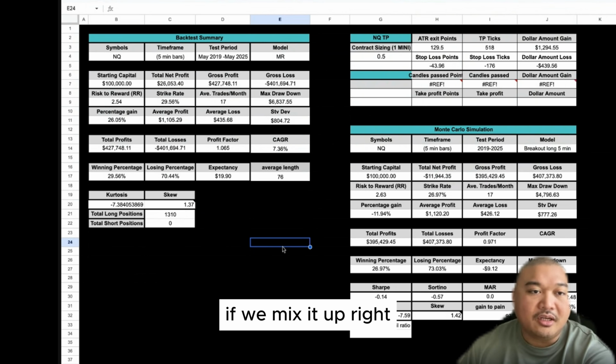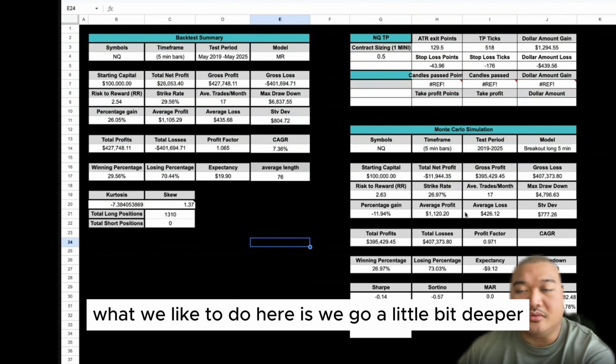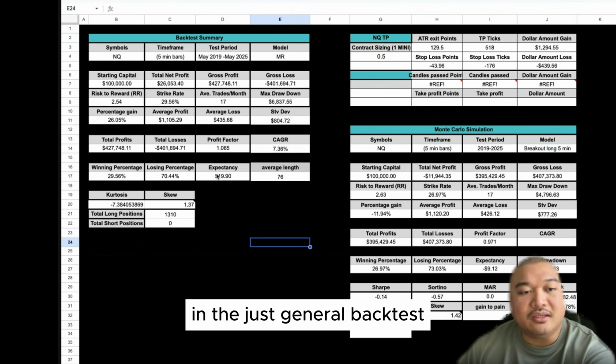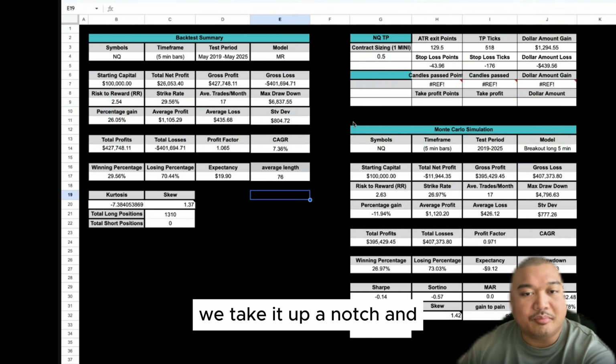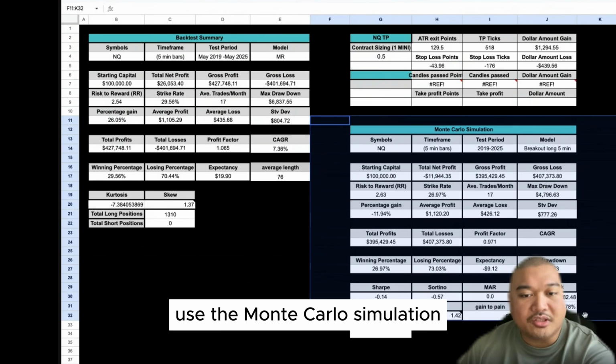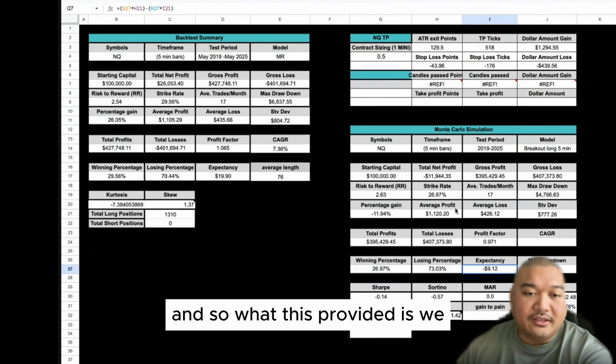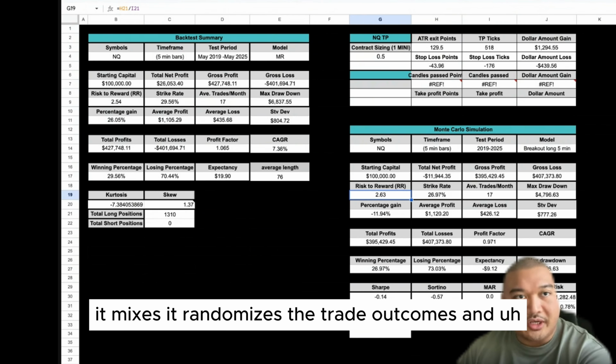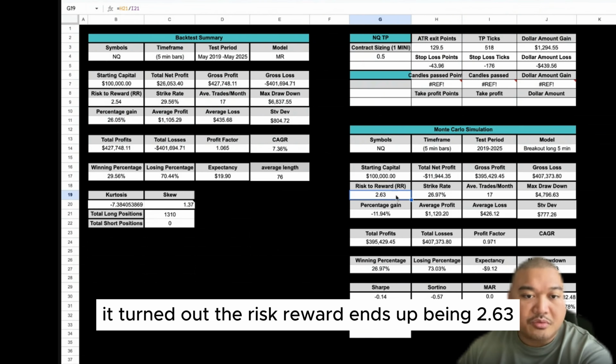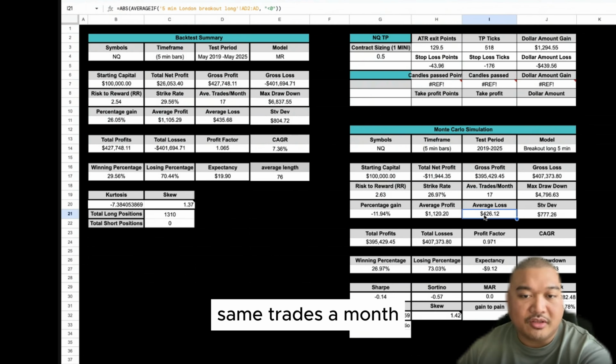If we mix it up, what we like to do here is go a little bit deeper than the general backtest. We take it up a notch and use the Monte Carlo simulation. What this provided is it randomizes the trade outcomes, and it turned out the risk to reward ends up being 2.63, same trades a month.